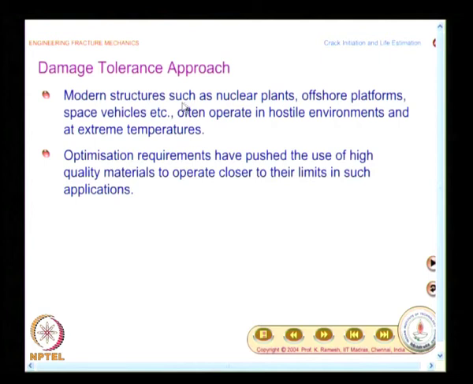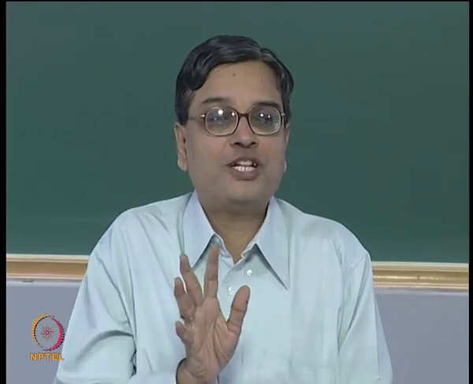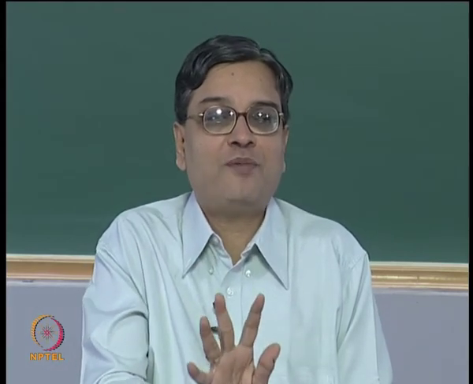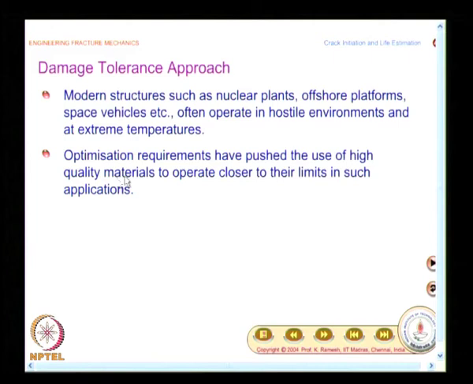And if you really look at modern structures such as nuclear plants, offshore platforms, space vehicles, etc., they often operate in hostile environments and at extreme temperatures. See, such a necessity was not there in earlier generations, particularly this generation we are pushing too hard. So, we are pushing the materials also to their extreme operating conditions. Optimization requirements have pushed the use of high quality materials to operate closer to their limits in such applications.